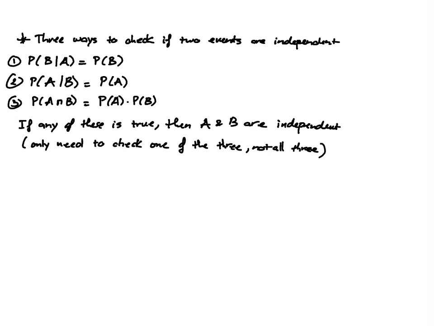Okay. So as long as any of these equalities is correct, then the two events are going to be independent from one another. In the next video, we will look at an example where we apply these equalities to check for independence.